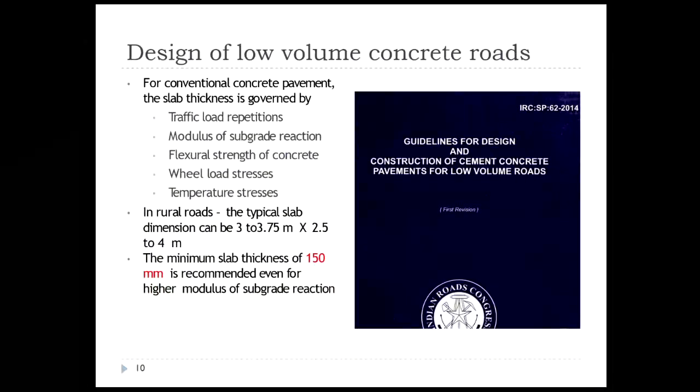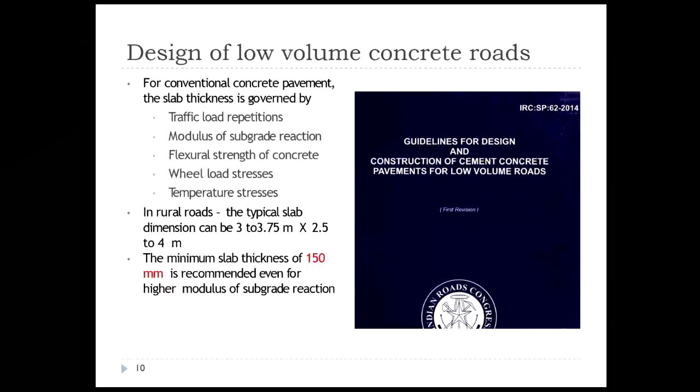Now, let us have a discussion with respect to our low volume roads. For low volume roads, the Indian Roads Congress guideline is IRC SP 62. Now, for a conventional concrete pavement, in the design of concrete pavement, you tend to find out the thicknesses of the slab as well as of the lower layers for a selected traffic and subgrade condition.